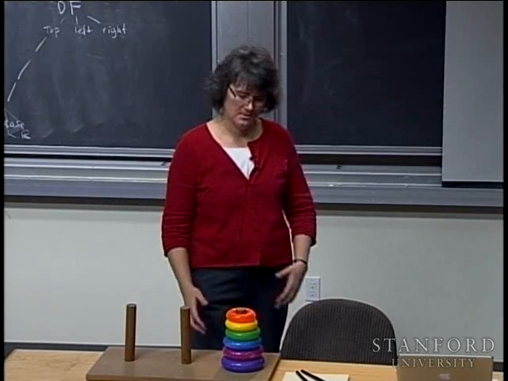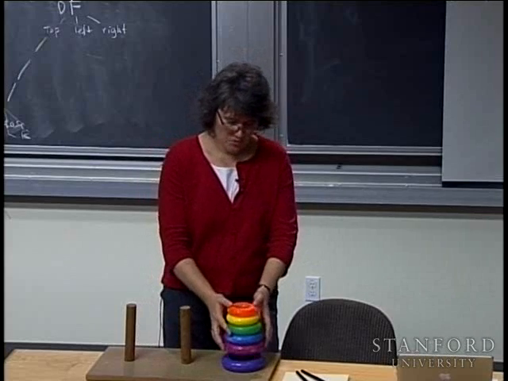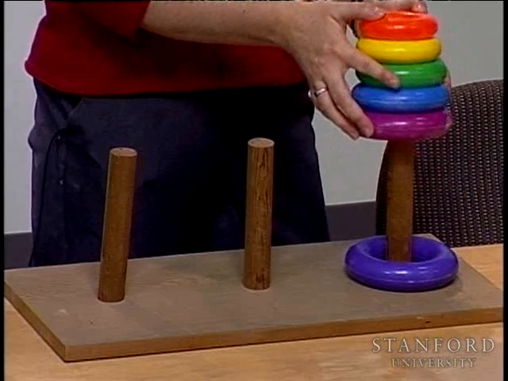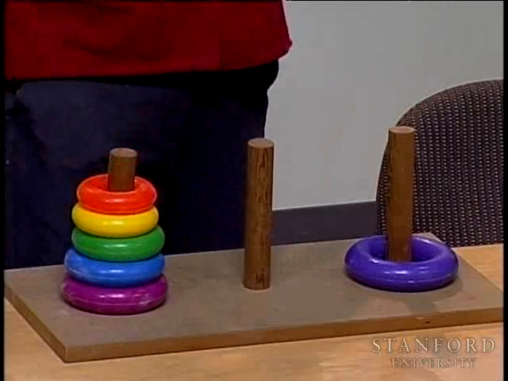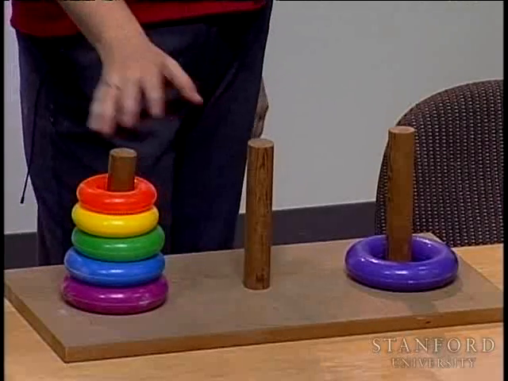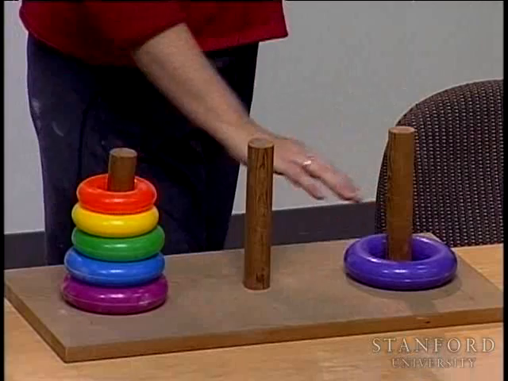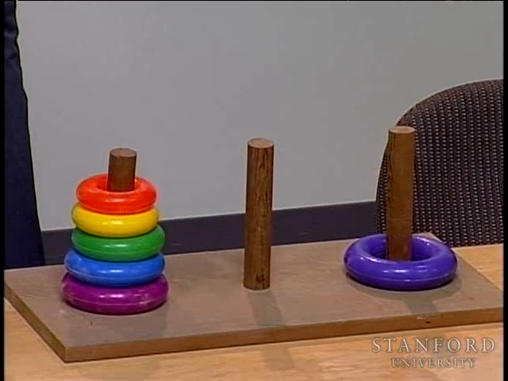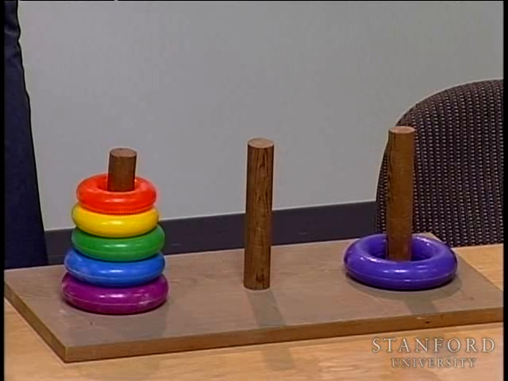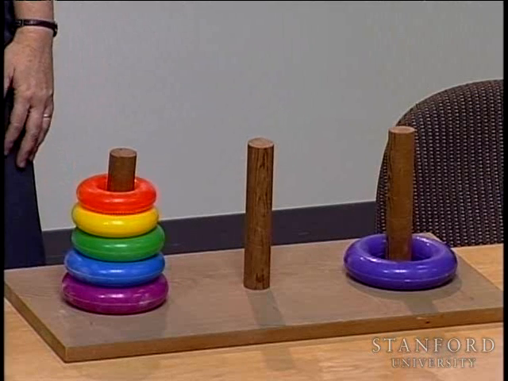Well, that's kind of interesting. If somebody would come along and spirit these out of the way, then while they're moving, this purple disk can remain on the original A spindle without any interference. Since it's the biggest, all the things can go on top of it, so it doesn't matter that it's there. It's not interfering with what's going on.